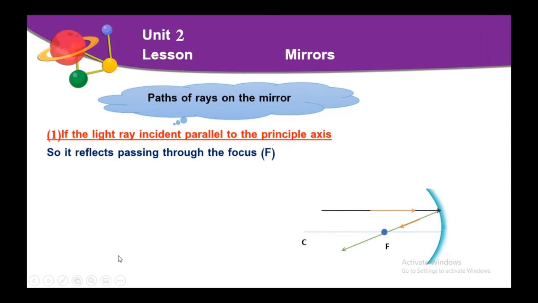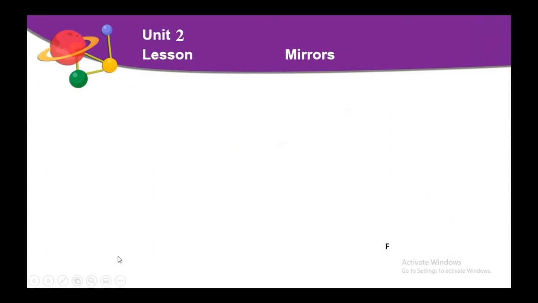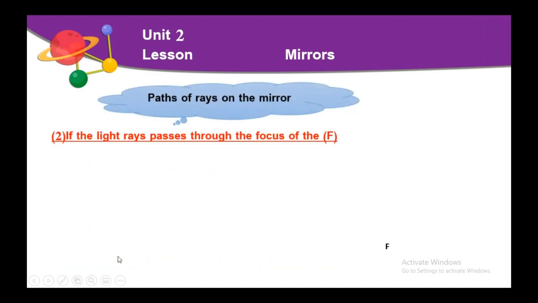The second path. If the light rays pass through the focus, it is the opposite of the first case. What will happen to the light? Concave mirror, principal axis, focus, center.